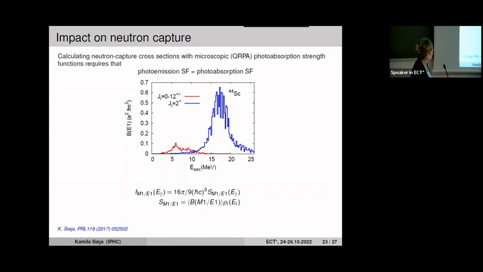And this is shown in this panel where there is a calculation in scandium 44. So you see it's a pf shell nucleus, and it is odd-odd with a 2+ ground state. And this is the response of the ground state. You see blue, so some kind of giant resonance. Then you have here a different strength that was calculated in a completely different way, much more complicated than the photoabsorption.